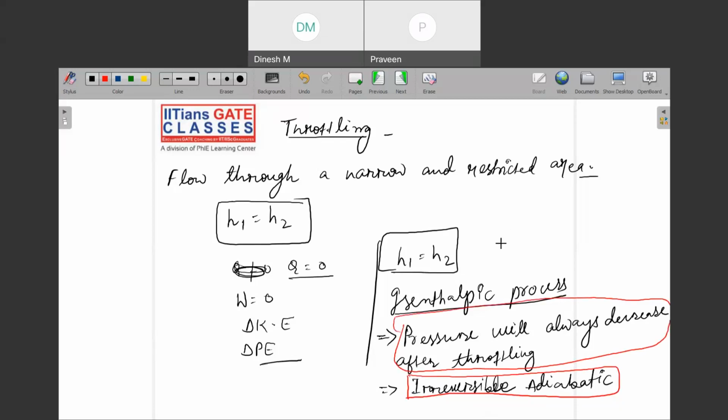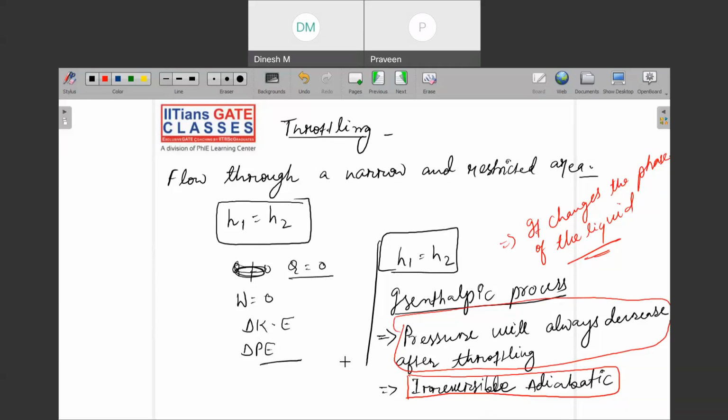And the third most important thing is that it changes the phase. When there is a liquid state, if you throttle it, the liquid will change into liquid plus some amount of vapor.